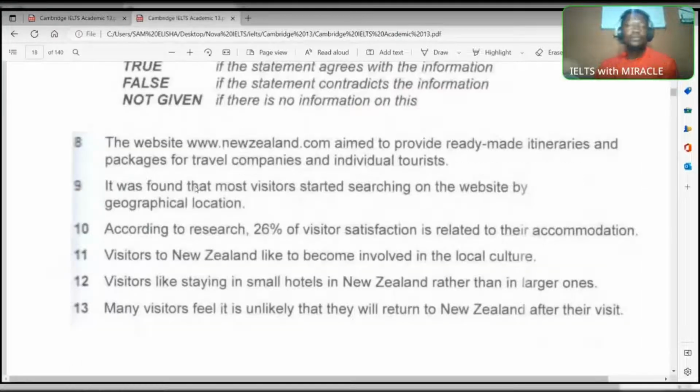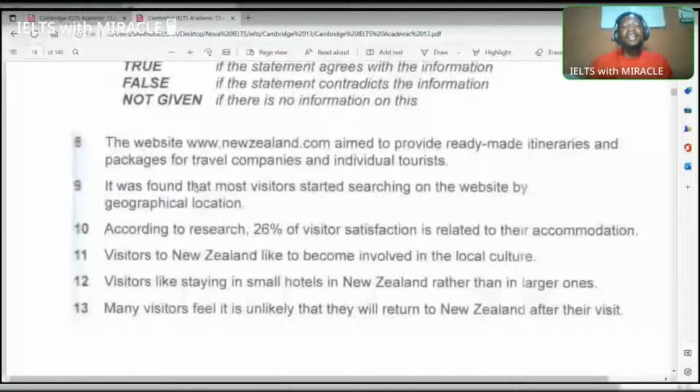Before we go to the answers, let's briefly talk about what the question type is. The true, false, not given question is a very unique question type in the IELTS, and for me, it's also very easy.